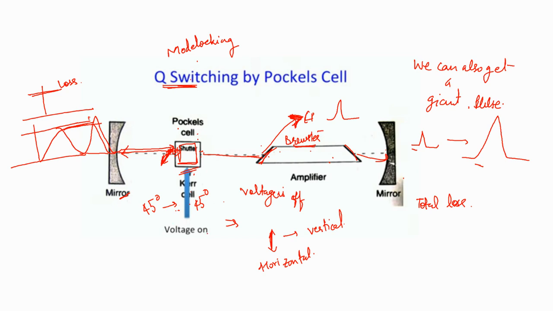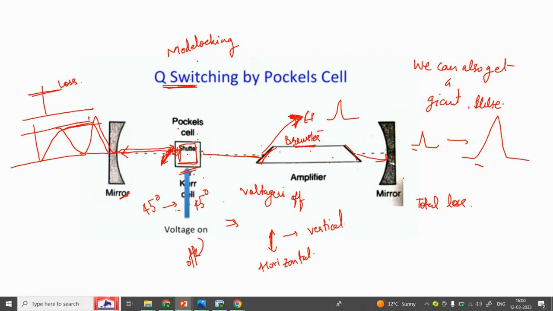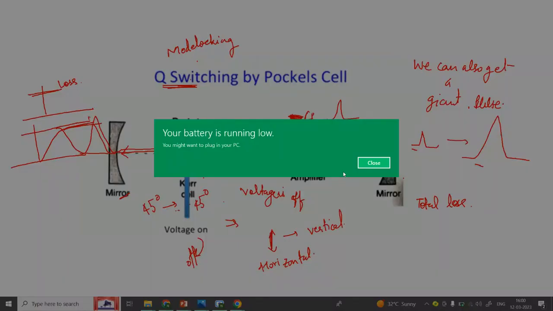Now what they did in the case of Q switching is they shut this off. So now this is off. When this is off, it just acts like a medium. It does not hinder the path of light. So when the light passes through this, it is simply the movement of light throughout the cavity without any change in the polarization.